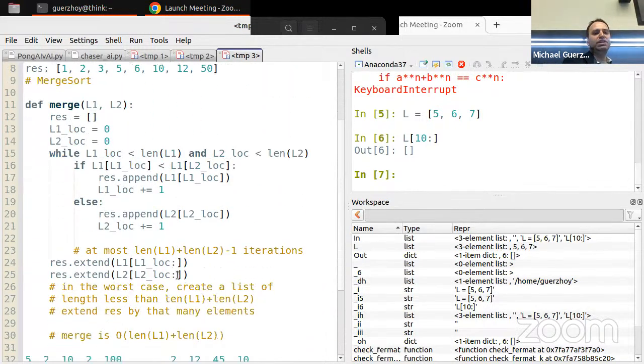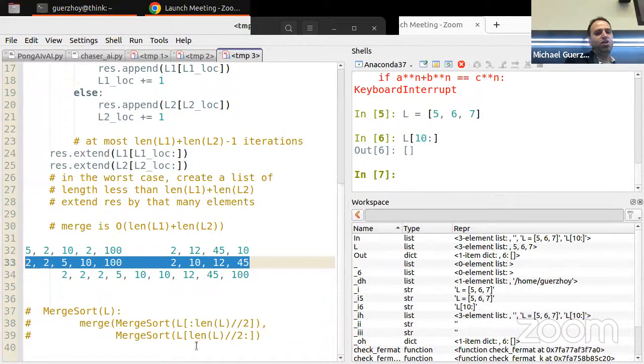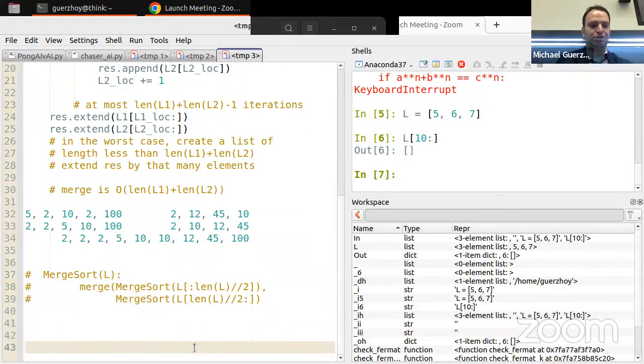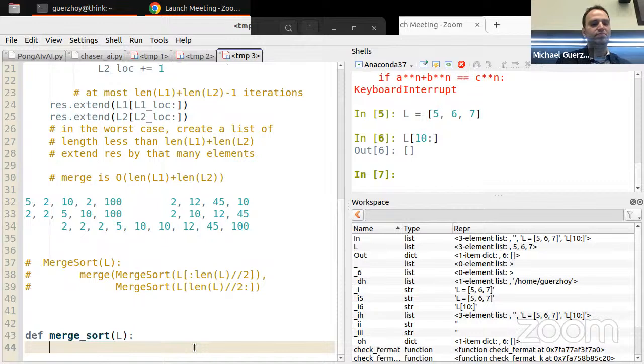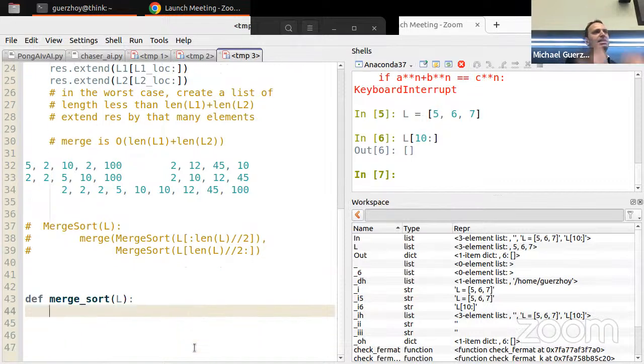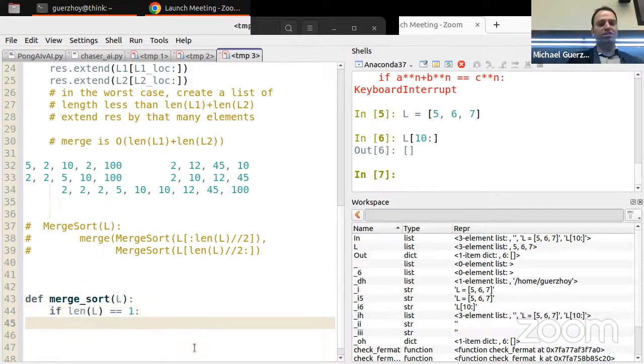So, okay, that was the helper function. Now we're ready to write merge sort. The base case is, well, if the list is of length 1, sorry, then the list is sorted.